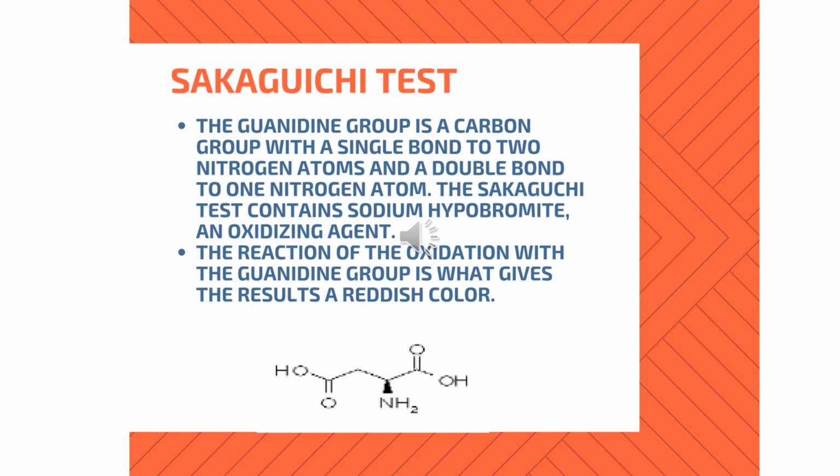The guanidine group is a carbon group with a single bond to 2 nitrogen atoms and a double bond to 1 nitrogen atom. The Sakaguchi test contains sodium hypobromite, which is an oxidizing agent. The oxidation reaction with the guanidine group is what gives the result a reddish color.